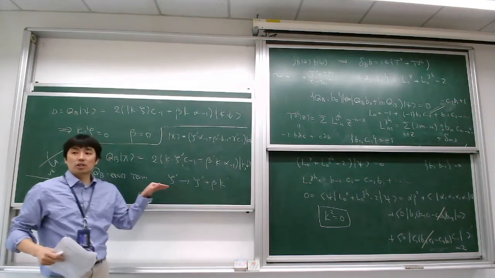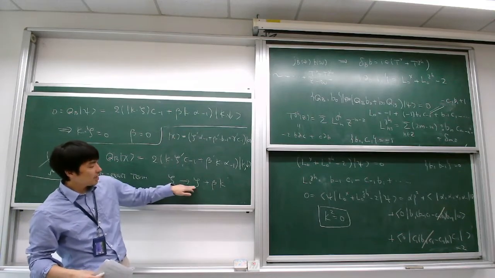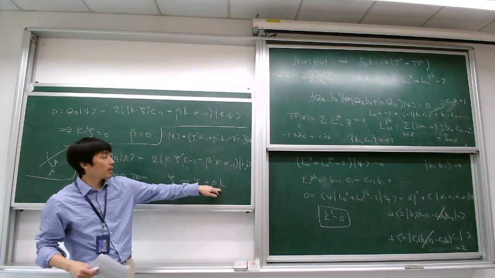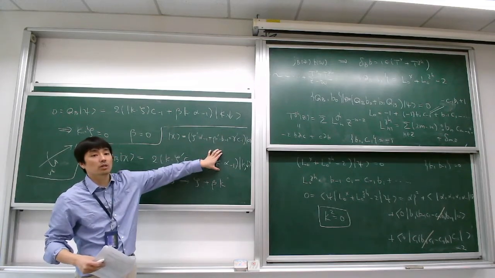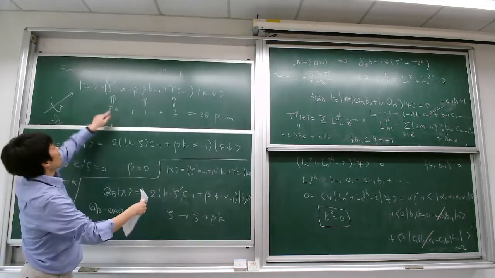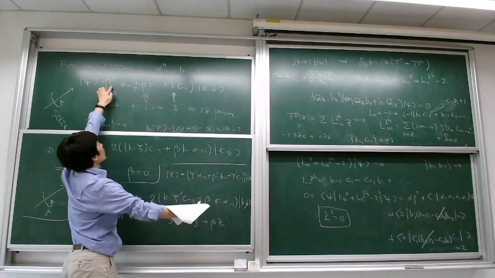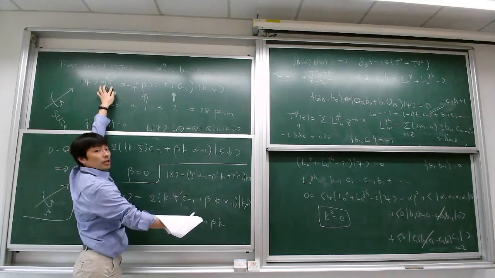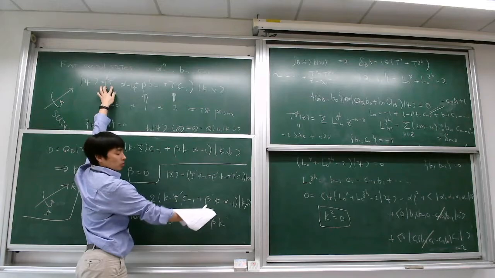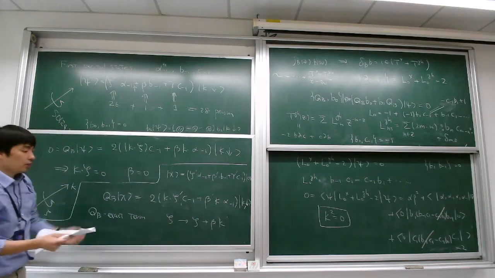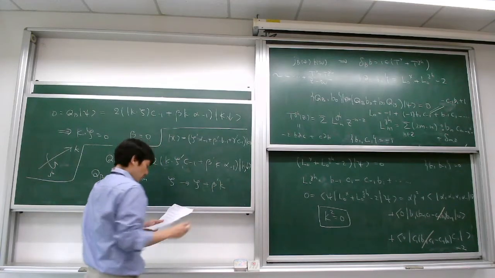You can just shift zeta to zeta plus beta k, because this is a Q exact term, so this is unphysical polarization. If you compare with the coefficient of alpha minus 1, this is the polarization vector for the open string, and this is the unphysical polarization vector. So you can always shift this ambiguity. So this is beta prime.